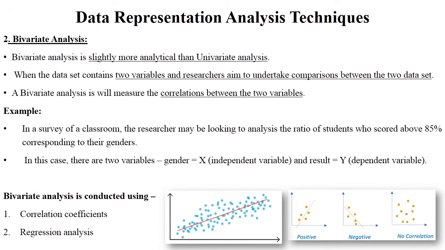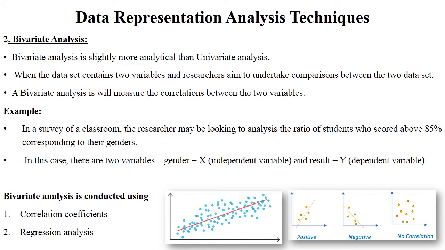Next. Now the next representation analysis technique is bivariate analysis. Bivariate analysis is more analytical than univariate analysis. See here in the diagrams below, these are some regression diagrams. The first diagram shows the regression technique. The second diagram shows positive regression, negative regression, and no correlation.